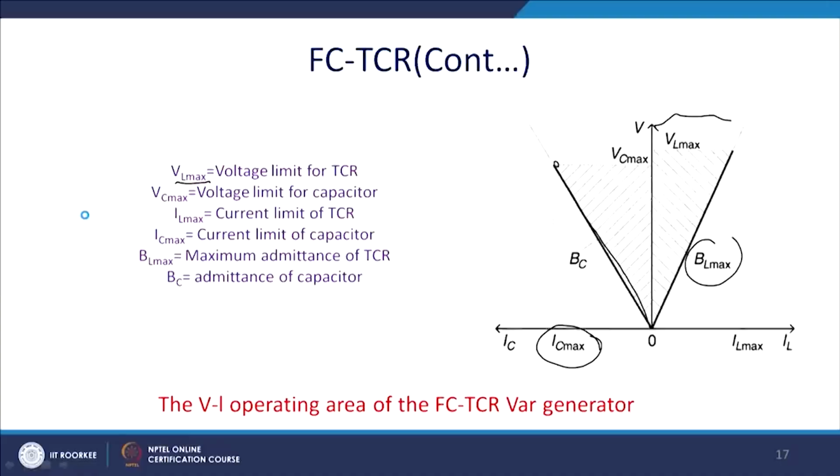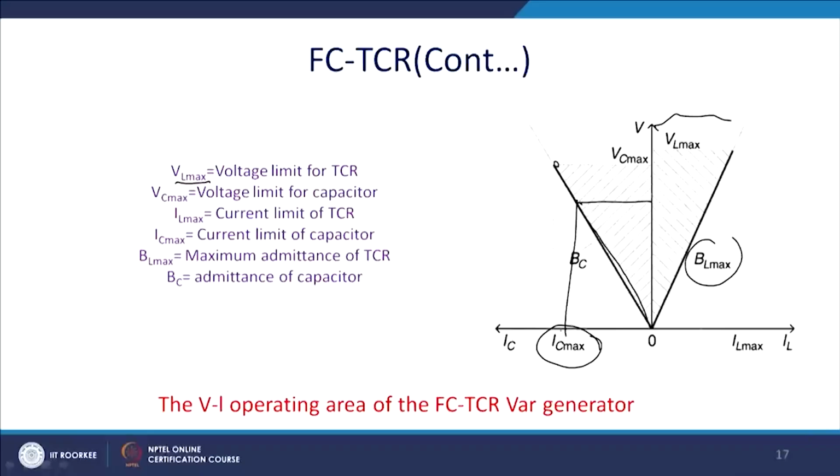Okay. And moreover, we need to revisit this graph again. This line, BC, is the admittance line, and it is basically fixed, because as long as the system voltage is the same, the current that flows will depend on the voltage.